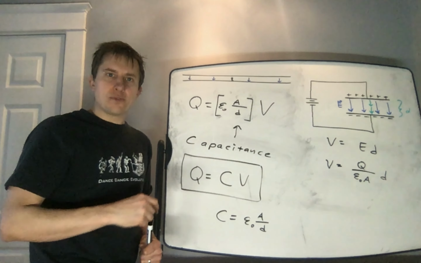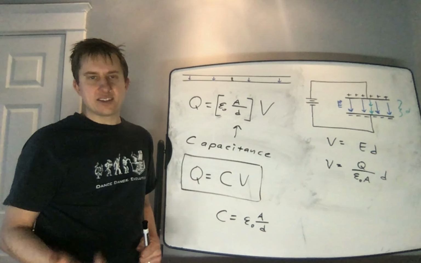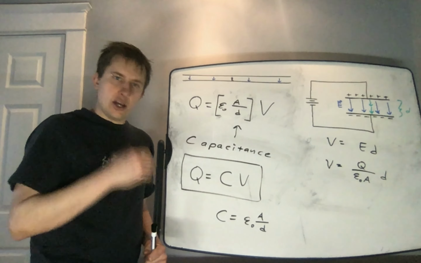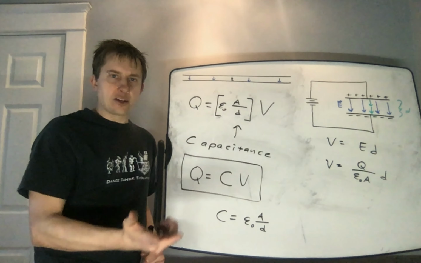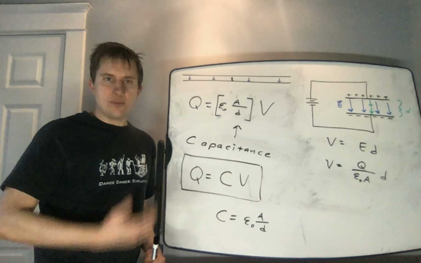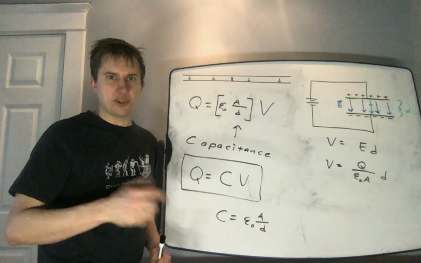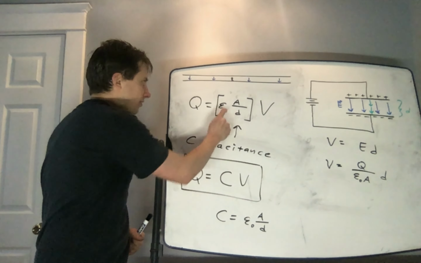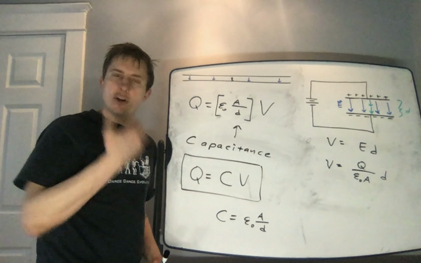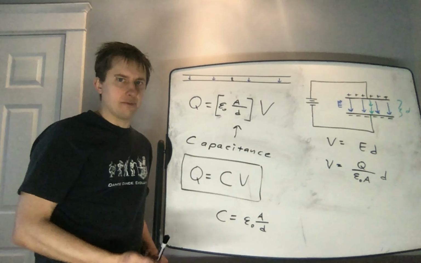A is the surface area of my capacitor, and D is the distance between the plates. Those two quantities are under my control. I could go to a shop and build a capacitor of a given surface area and a given distance between the plates. Epsilon naught is a fundamental constant of nature, however. Nobody is allowed to change the value of epsilon naught.